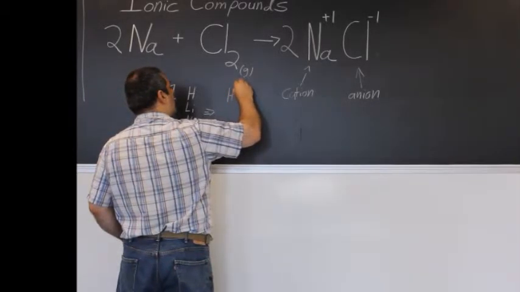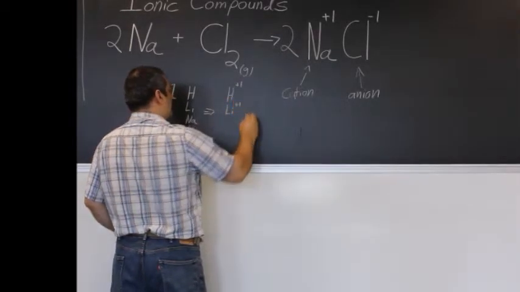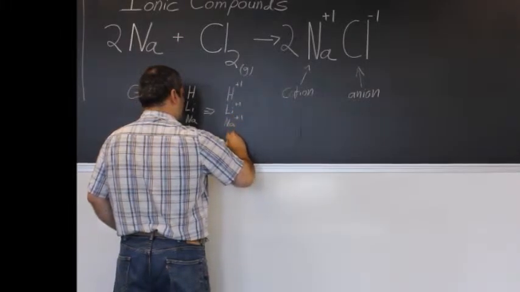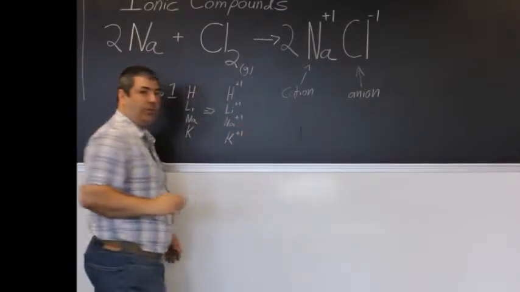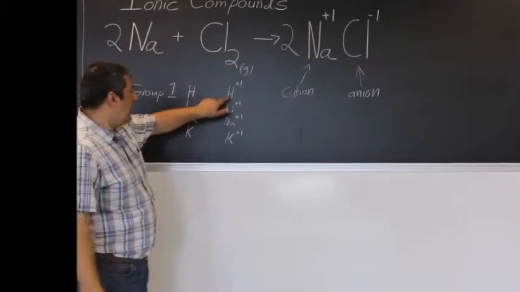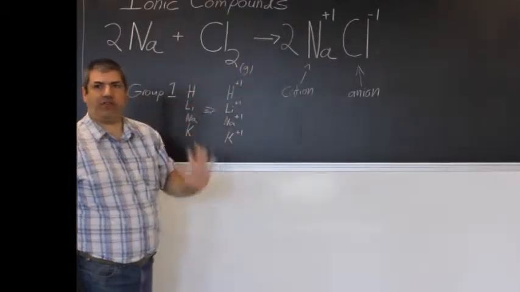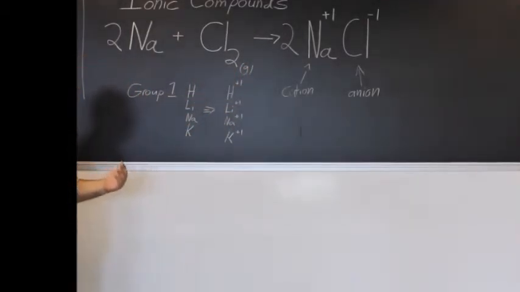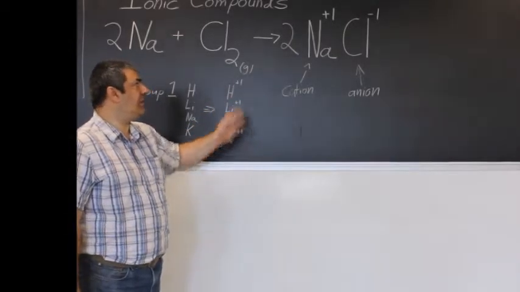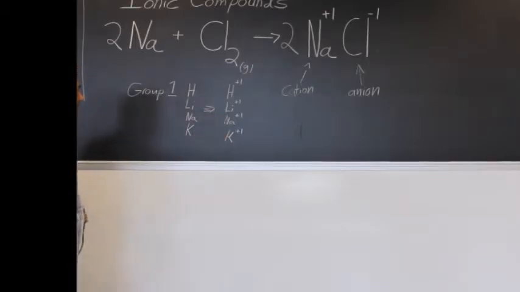So hydrogen becomes hydrogen plus 1, lithium becomes lithium plus 1, sodium plus 1, and potassium plus 1, as would rubidium, cesium, and francium. By the way, I'm formally writing out the plus 1. Sometimes you'll just see plus, which means the exact same thing. So for charges, it's better to write plus 1, minus 1, but you'll often see plus and minus without the 1, but it means the same thing.